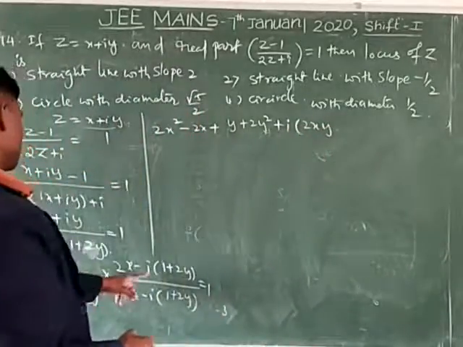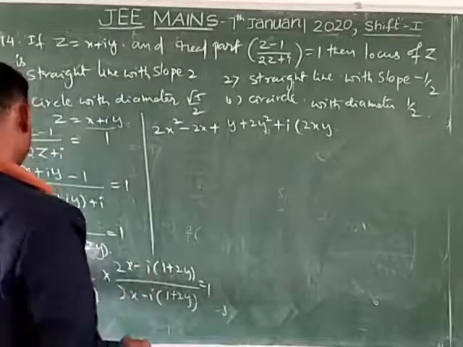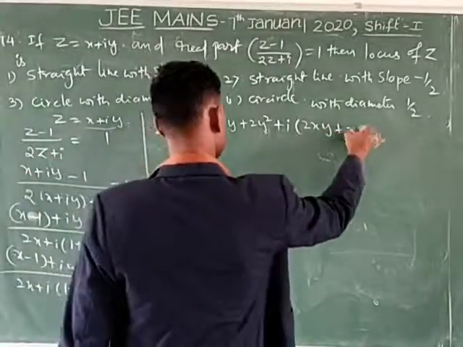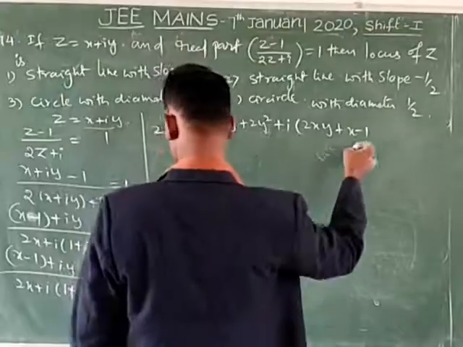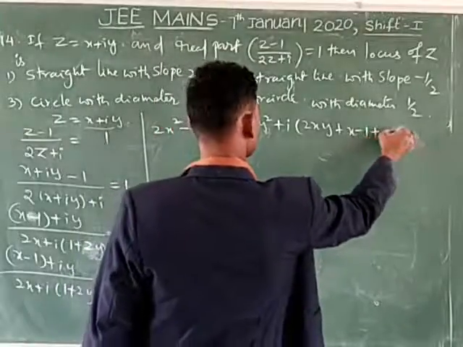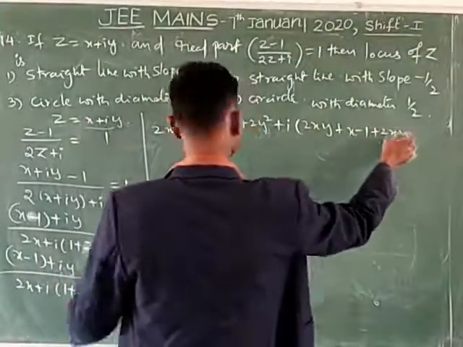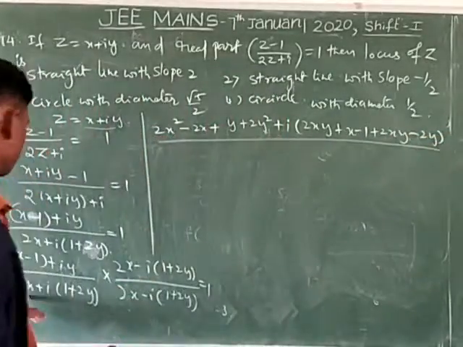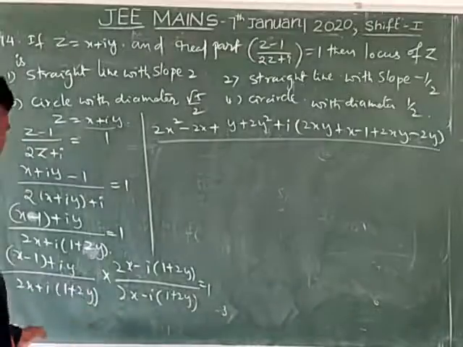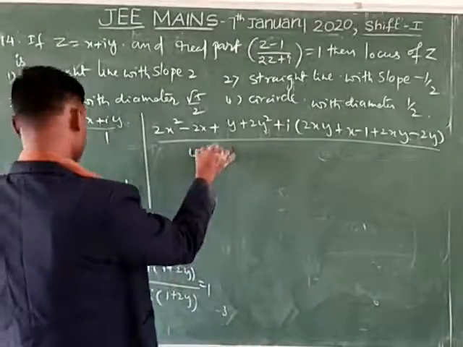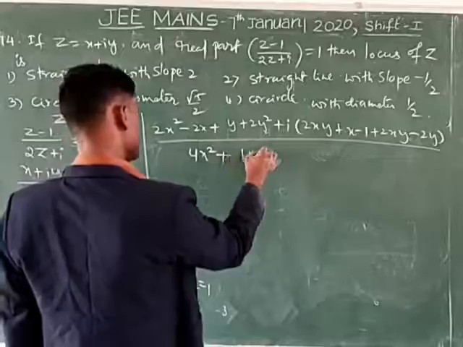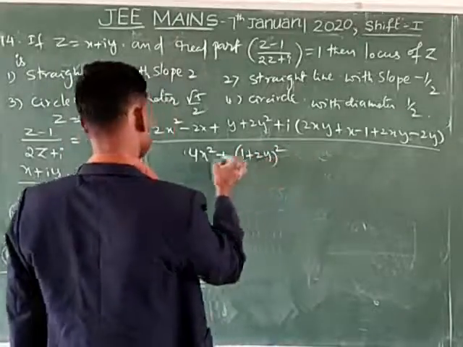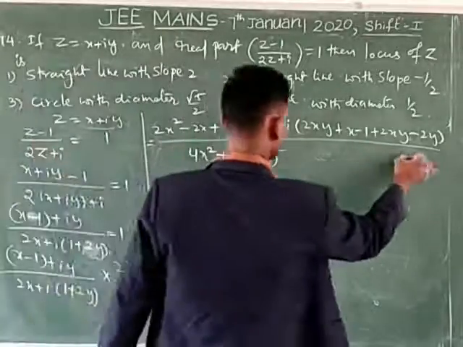Next, 1 into x minus 1, and 2 into xy, 2xy, plus 2y into minus 1, minus 2y. The denominator is a plus b into a minus b, so a square plus b square: 4x square plus (1 plus 2y) whole square is equal to 1.